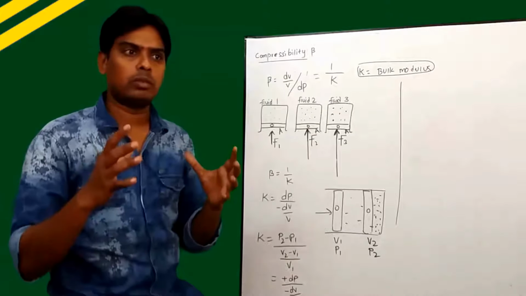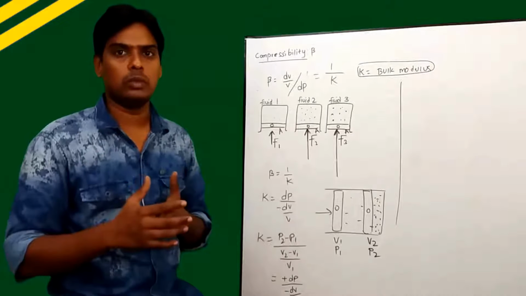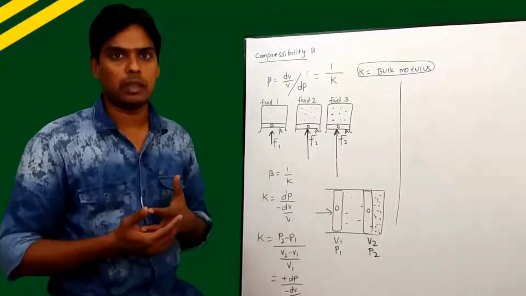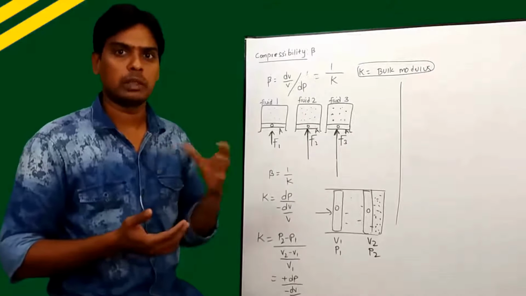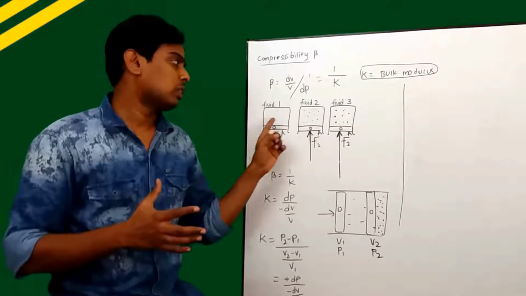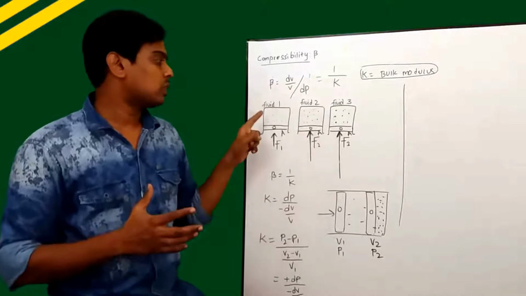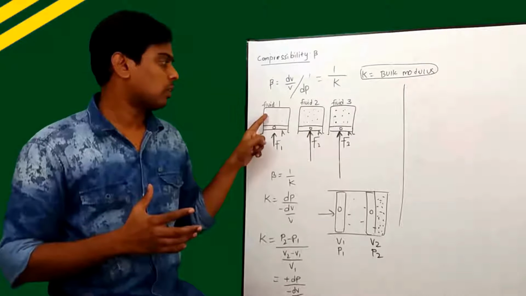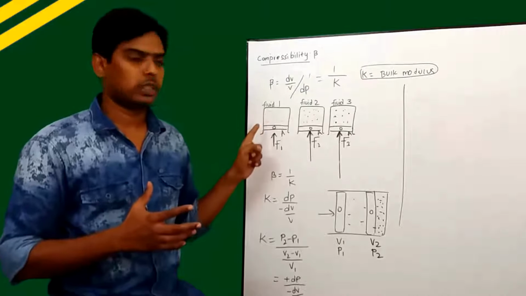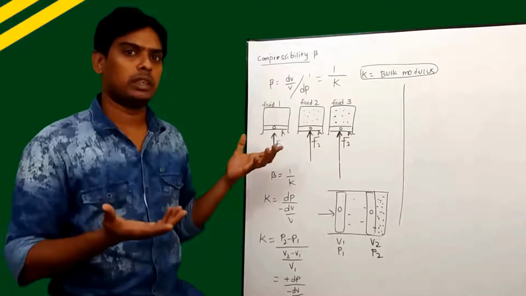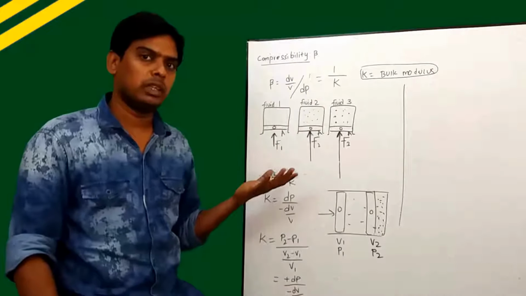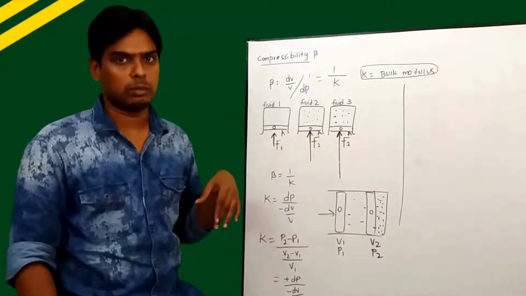So the amount of force required to compress any given fluid by unit volume is explained by compressibility. For our understanding, among the three fluids, we can say which fluid has the highest compressibility and which one has the lowest compressibility.